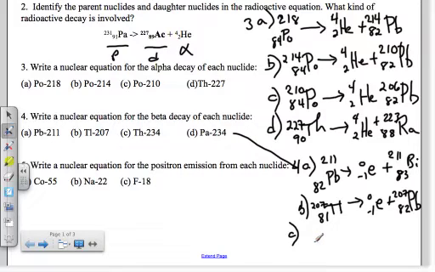Our last one is going to be C, thorium 234, and that has an atomic number of 90, beta emission. So 91 is the atomic number of the new element, and that is, I believe it's palladium, but I'm not sure. Let me look.